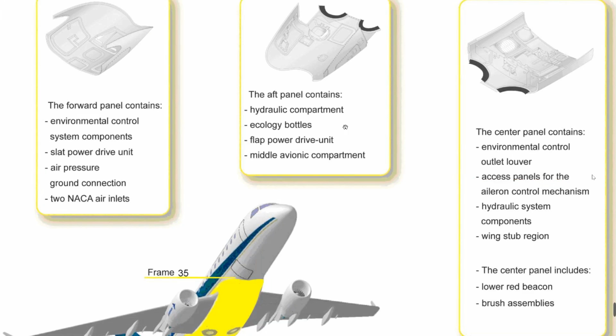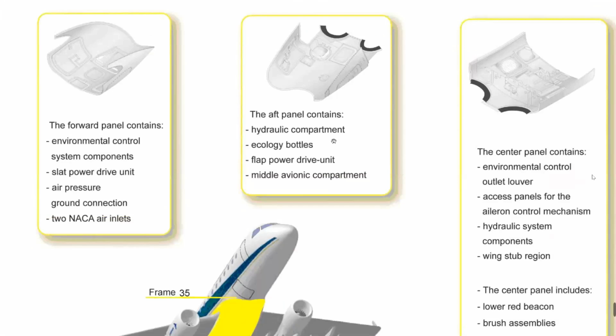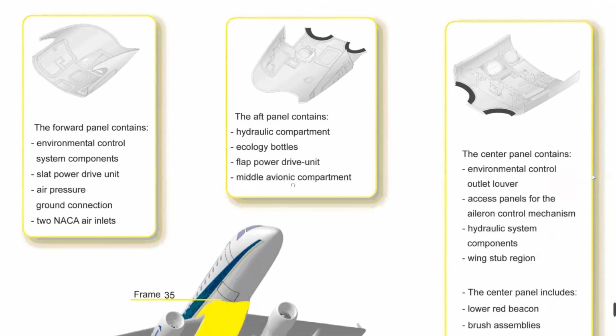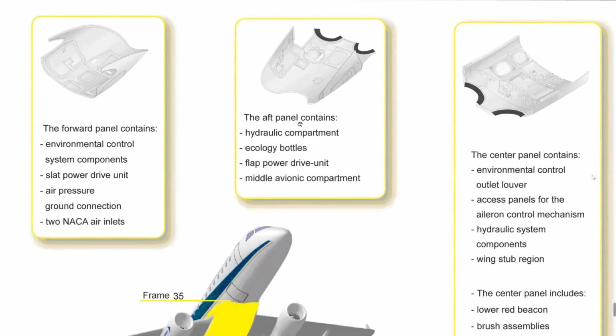Okay, what else? The aft panel. The aft panel is covering the hydraulic system components, ecological bottles, flap PDU, which is inside, you know, the mid avionics compartment, and actually the door for the middle avionics compartment. This is below the aft panel.